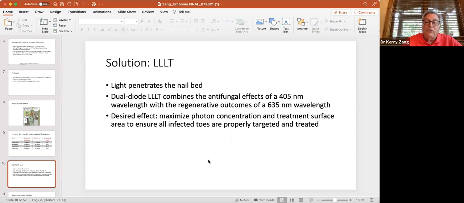This gives the maximization of photon concentration and initiates photobiomodulation. And the device that's been developed by Erchonia has a proprietary 6-inch laser beam where the concentration is equal, not just in the center part, but equal throughout. And it can also penetrate down into the germinal layer and the nail matrix layer.